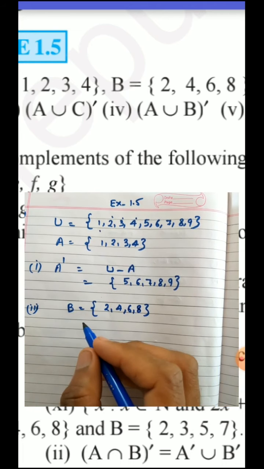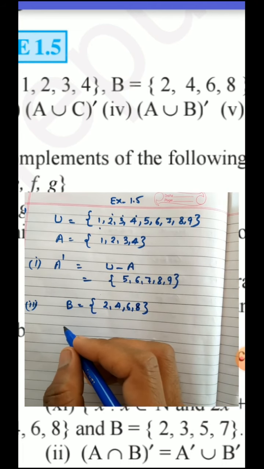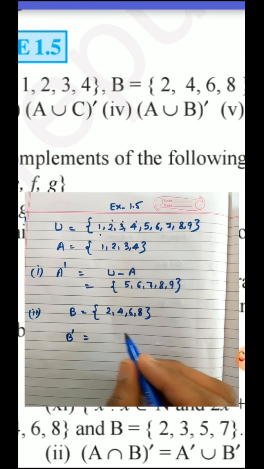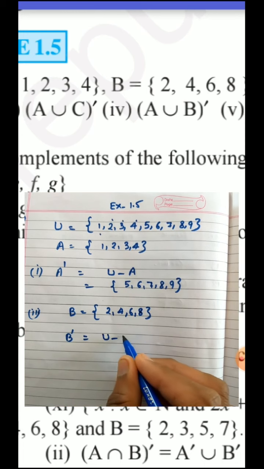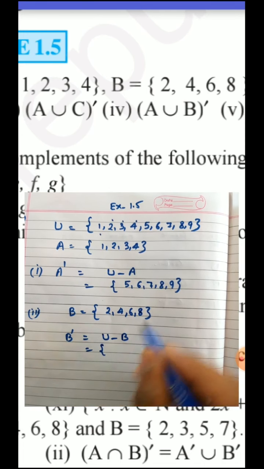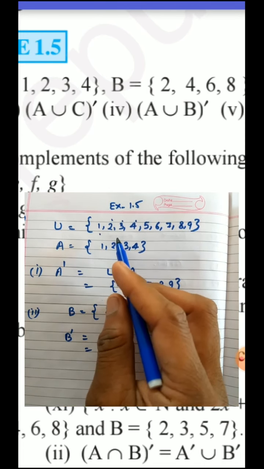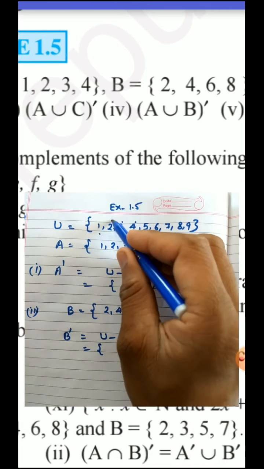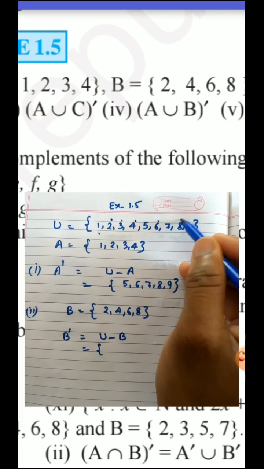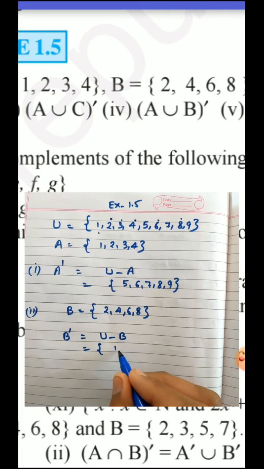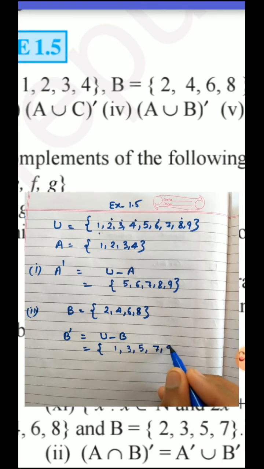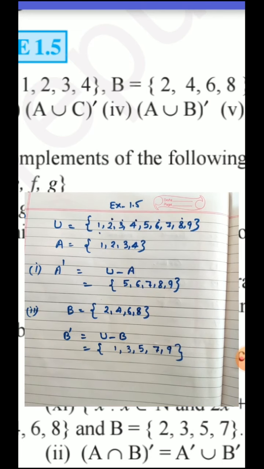Okay, so therefore B complement equal to universal set minus B. Means you will ignore the elements of B which are in universal set U. Means 2, 4, 6, 8, you will ignore 2, 4, 6, 8. You write the rest of the elements 1, 3, 5, 7, 9. This is called B complement.